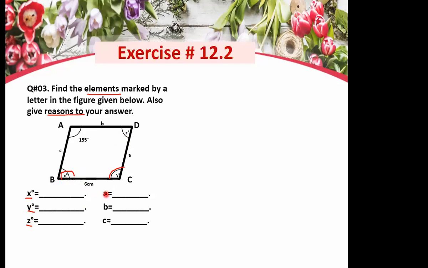Also you have to find a, b, and c. This is a, so you have to find the measurement of this side as well as this side. Understand? So let's start. But before starting anything, you should identify which shape this is.